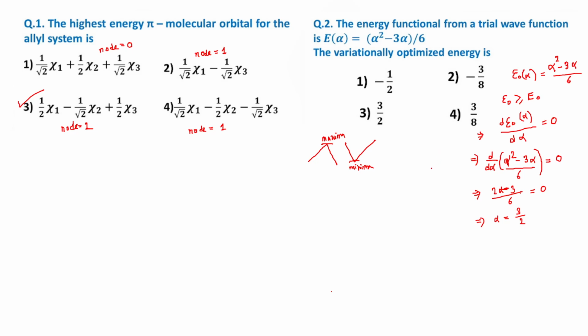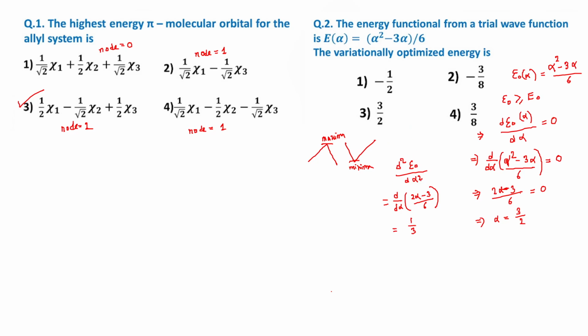And you can also see that the second derivative of the energy functional, d2 by d alpha 2, is d of d alpha of 2 alpha minus 3 by 6, that is actually a constant, 1 over 3. So it doesn't depend on alpha, but it is always going to be a positive one.